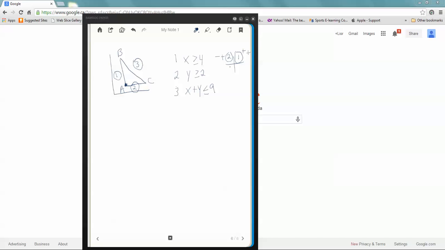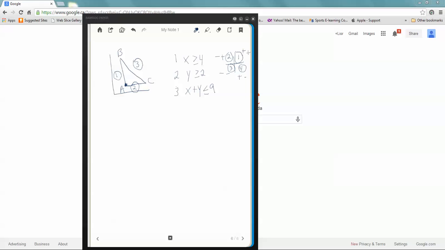This is quadrant number 3, where you have negative x's and negative y's, and quadrant number 4, where you have positive x's and negative y's.